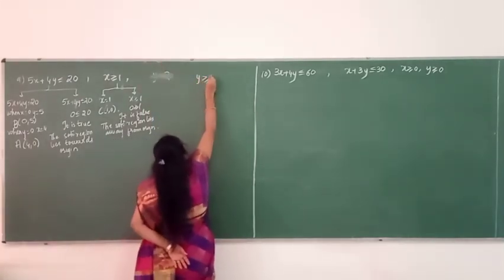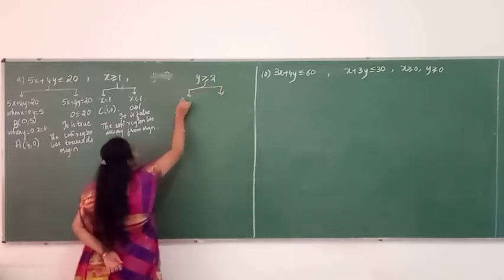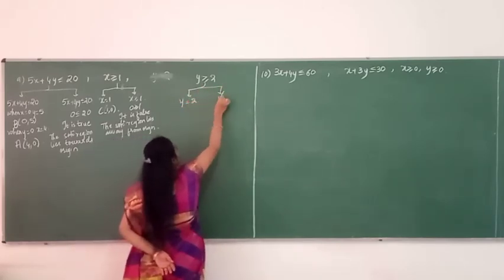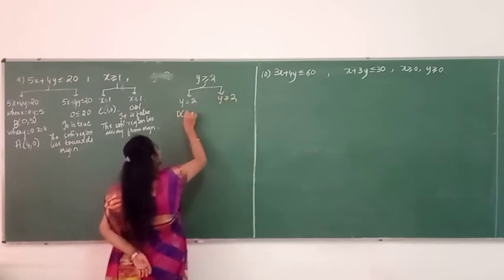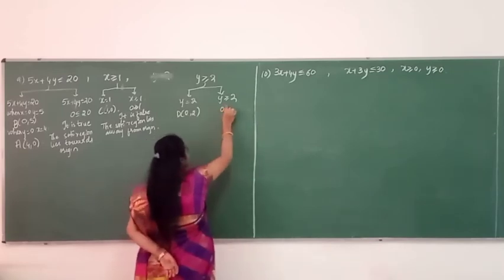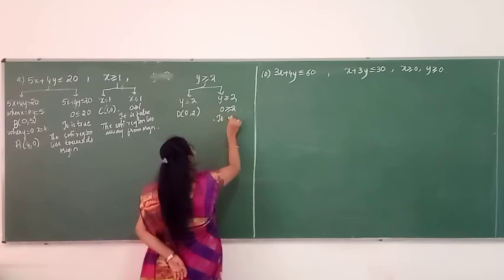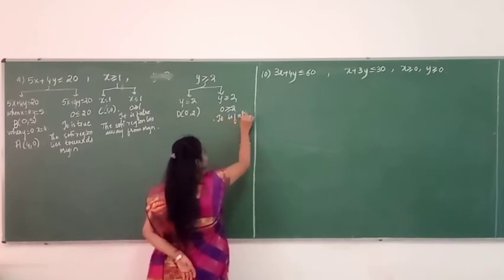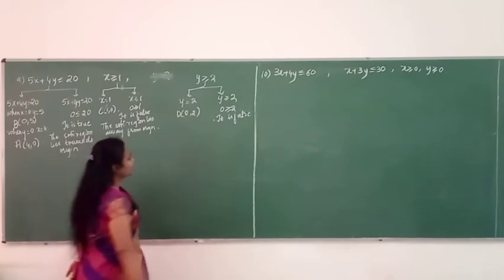y is greater than or equal to 2. So y is equal to 2 and y is greater than or equal to 2. So the D coordinate is nothing but 0 comma 2, and 0 is greater than or equal to 2. Obviously it is false, because 0 is not greater than or equal to 2. So whenever it is false, what did I say here?